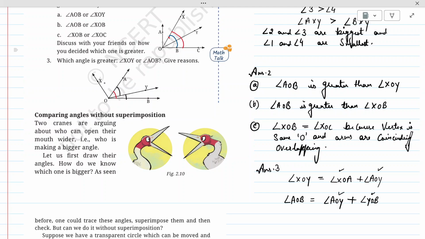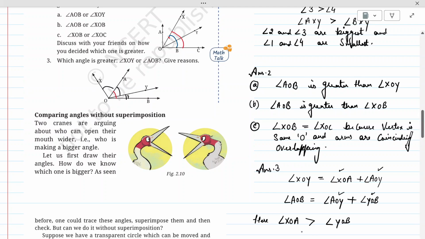XOA is this angle and YOB is this angle. Kids, we can very easily see that XOA is a greater angle and YOB is a smaller angle. So here angle XOA, this angle, is greater than angle YOB, this small angle.